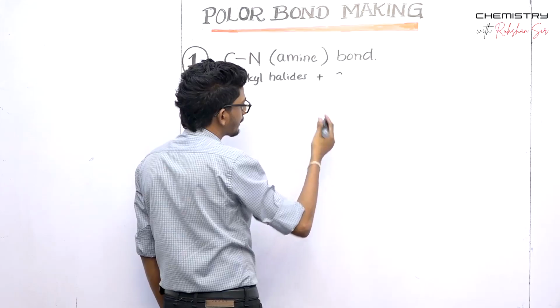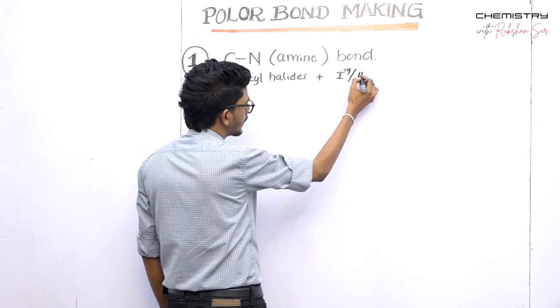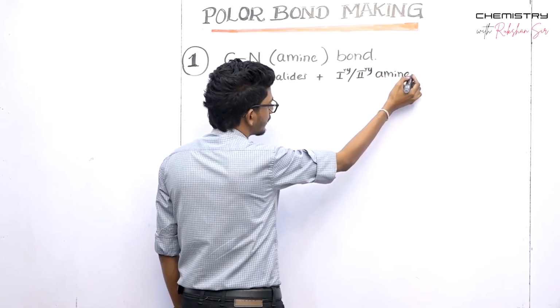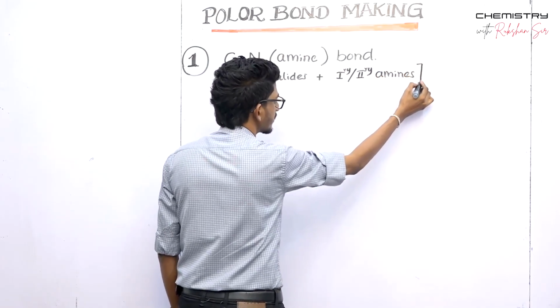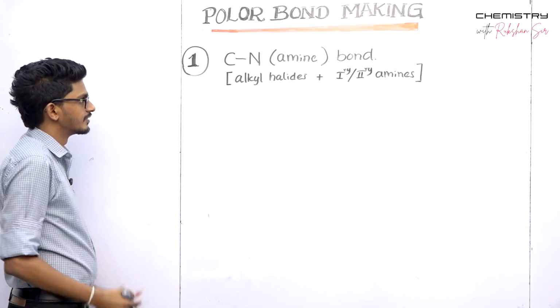Normally it could be primary or secondary amines. This is the theory part of the CN bond making.